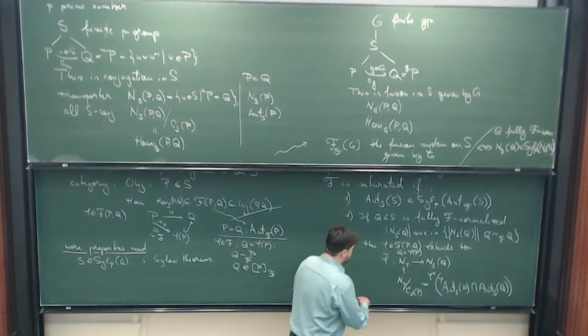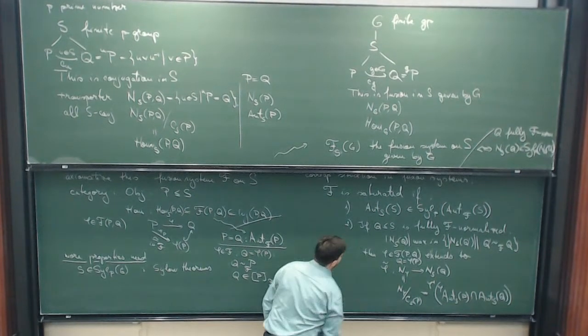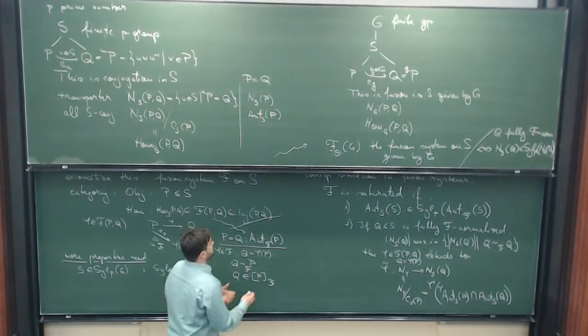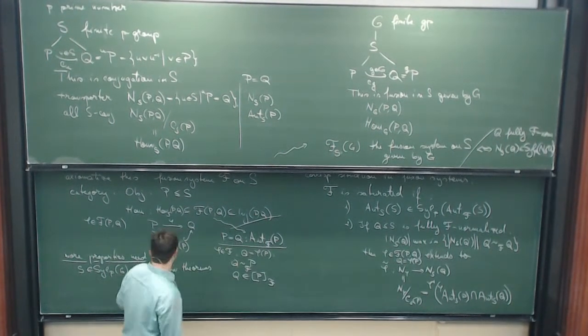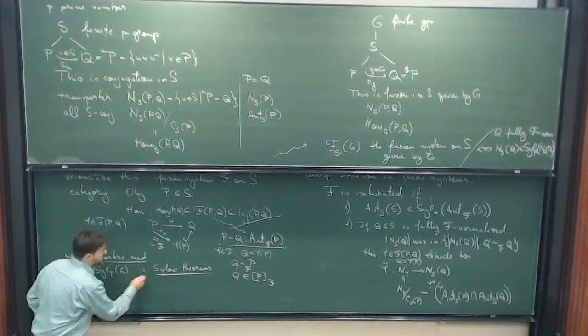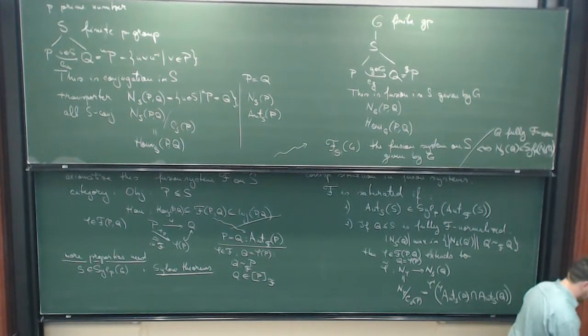But you put the condition that you extend to the full maximality of those things. So just think that those two conditions catch somehow the Sylow theorems that are on the other side.